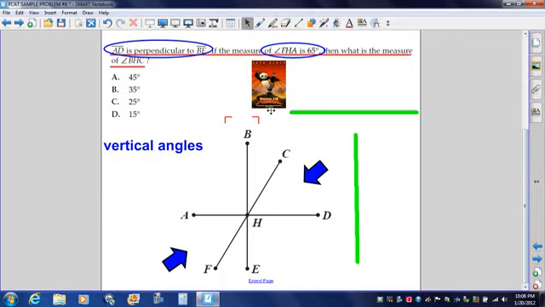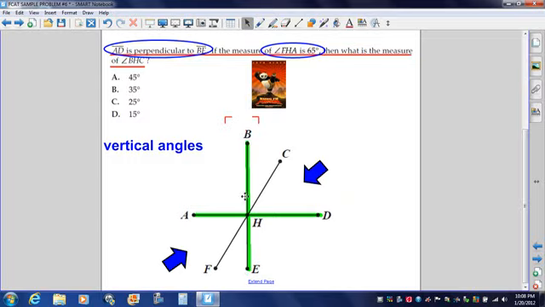First thing I'm going to observe, line segment AD is perpendicular to BE. So this is AD and this is BE. They tell me that they are perpendicular. Since I know that they are perpendicular, perpendicular lines, line segments, form right angles. So on your paper, you can draw a right angle here and a right angle here, which would be 90 degrees.